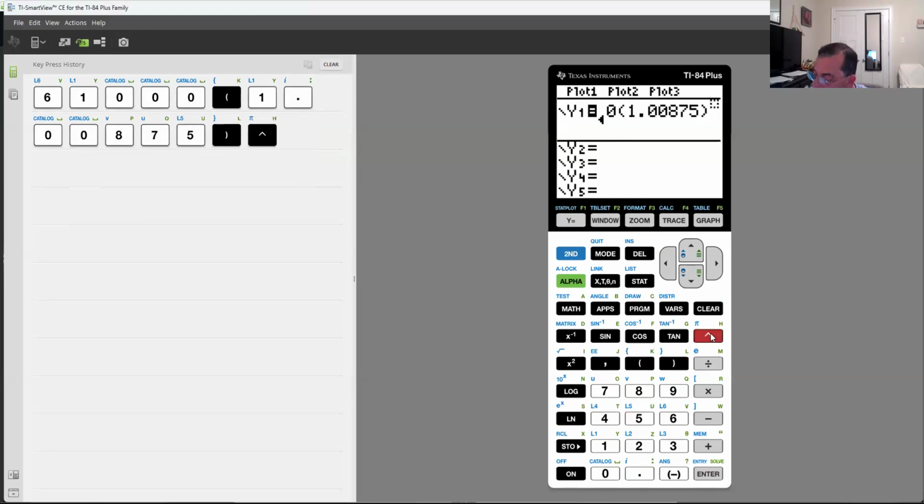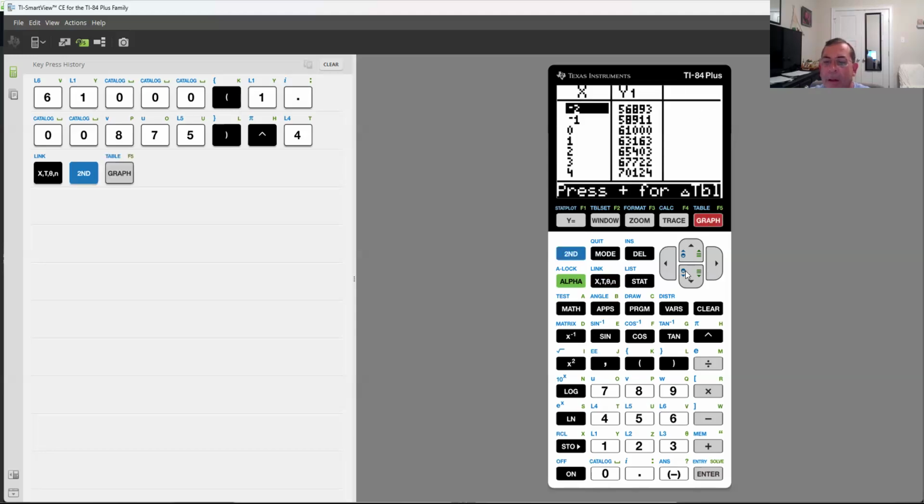And then my exponent was 4t, but on the calculator, you got to do 4x. So it's got my function in there now. And y'all, I don't care about the graph. I'm worried about the table. So I'm going to go to second graph for my table.